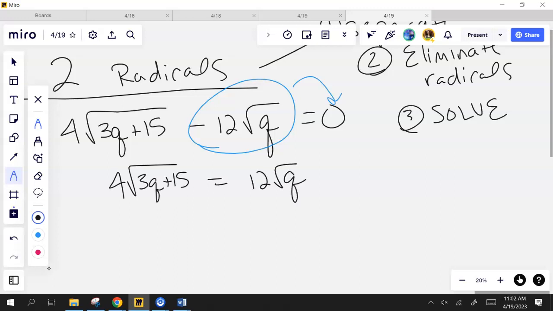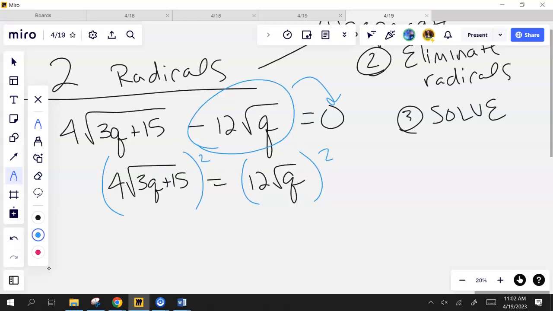Now I've got them separated, but there's some other stuff in there, and that is okay. I'm going to square both sides to get rid of the radicals, or try to. Let's see what happens. On the left side, the square is going to both, as on the right.